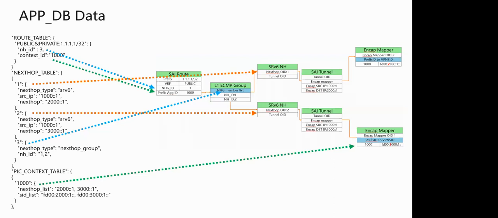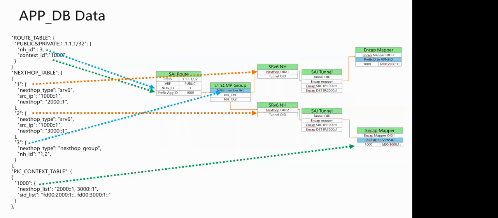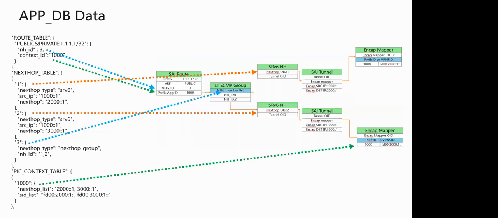I would say it this way: we probably want to make this data structure change common, so we can extend it for other features like EVPN or the global table. But for the initial implementation, we would only do SRv6.